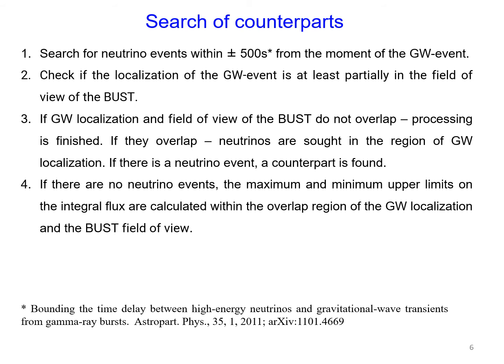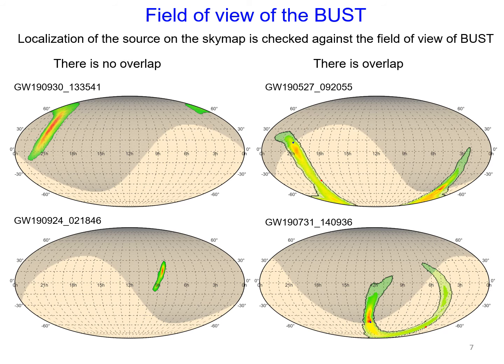And if there are no neutrino events, the maximum and minimum upper limits on the integral flux are calculated within the overlap region of the gravitational wave localization and the telescope's field of view. Here we can see different examples of the overlap search when the localization of the source on the sky map is checked against the field of view of the telescope.